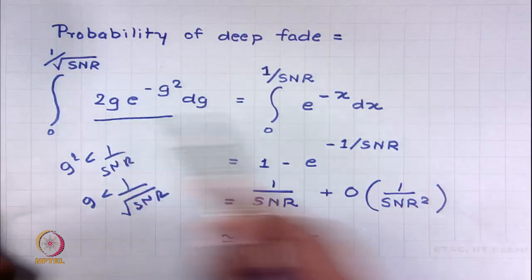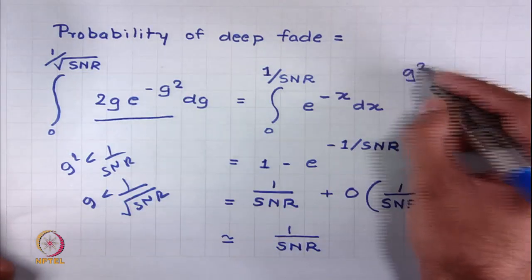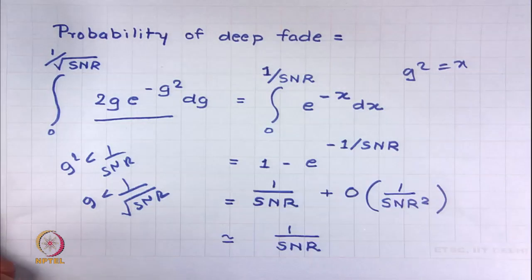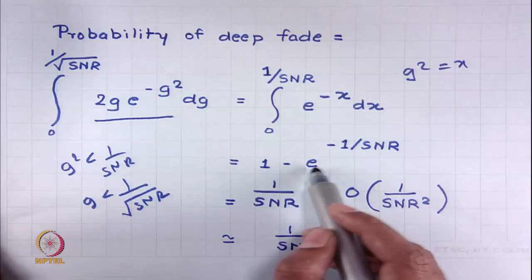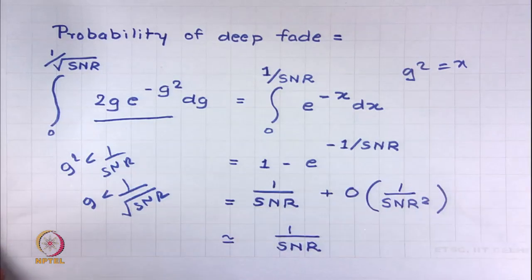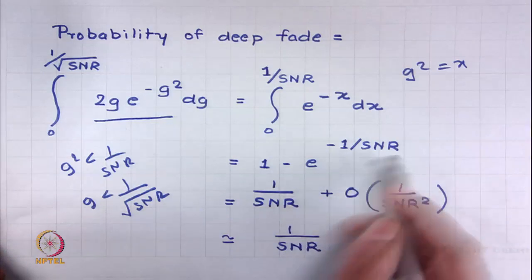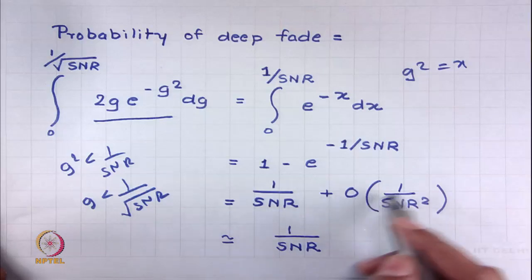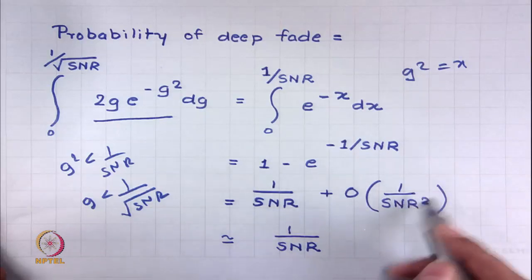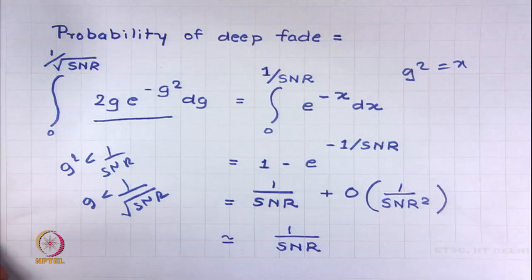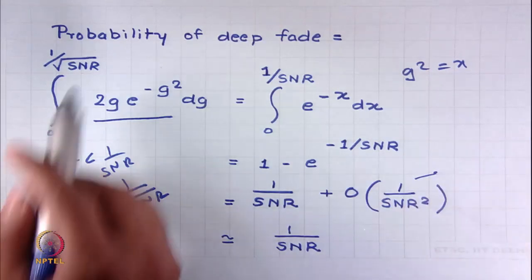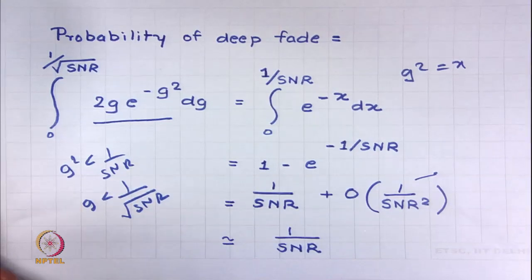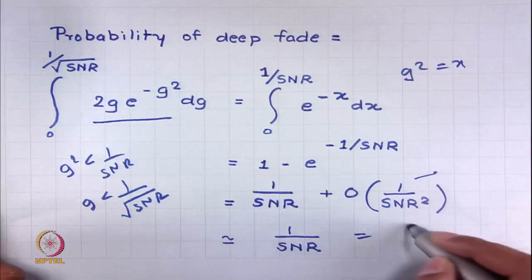And I can convert this expression to this expression by simply substituting g square as x, and everyone knows how to integrate this. This is simply 1 minus e to the power minus 1 by SNR. And by using Taylor's series, I know that this is 1 by SNR plus some terms which are proportional to 1 by SNR square. If SNR is large, then this is negligible, and I get the probability of deep fade as simply 1 upon SNR, right, or in this case this will also be 1 upon epno.